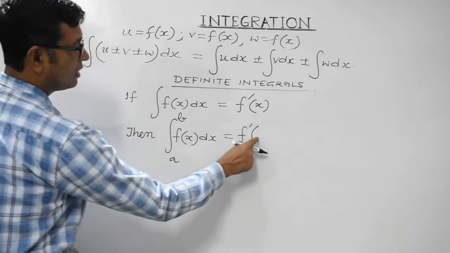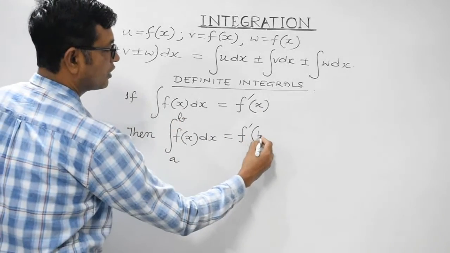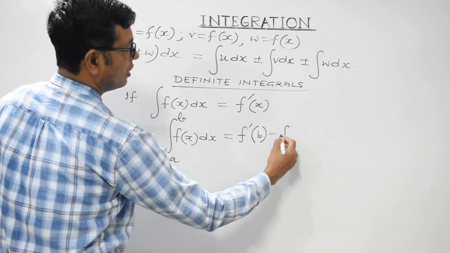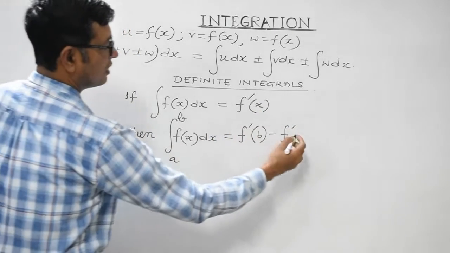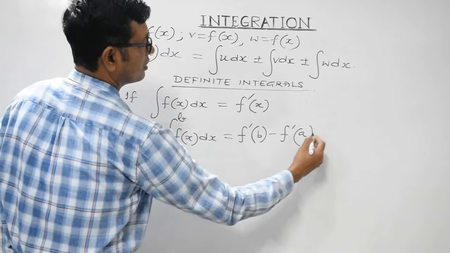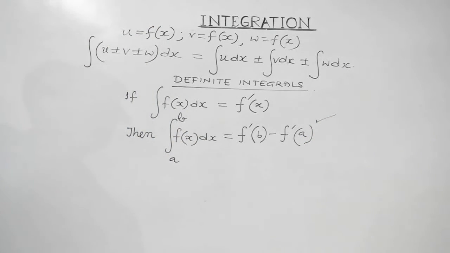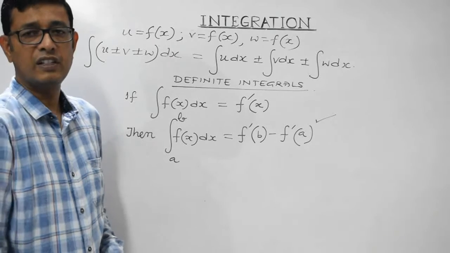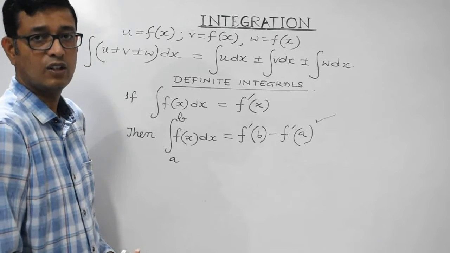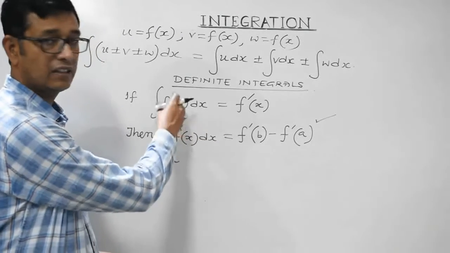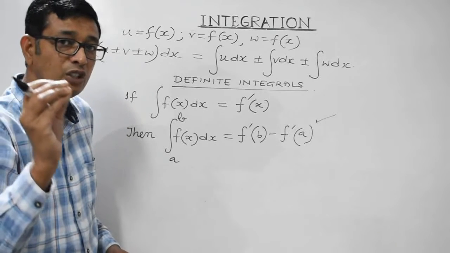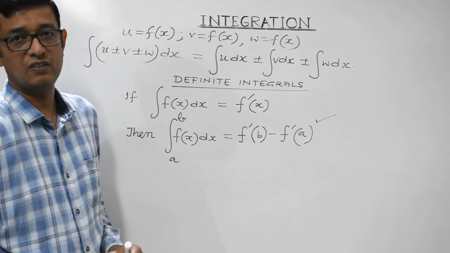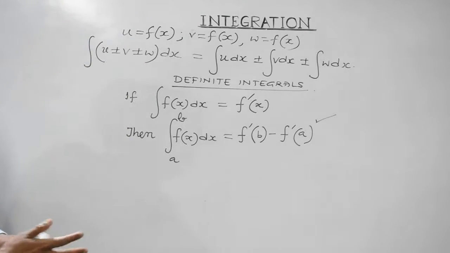That is, in place of x, upper limit b, minus F at the lower limit a. So this is it. This is known as the definite integral. We will discuss numericals based on it, and also we will try to apply the limits so as to get the numerical value of certain integrals, right? So let's proceed with some questions.